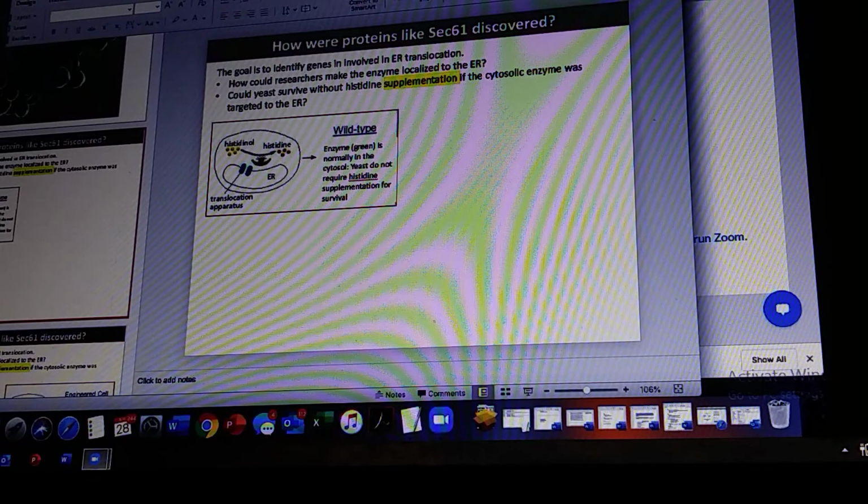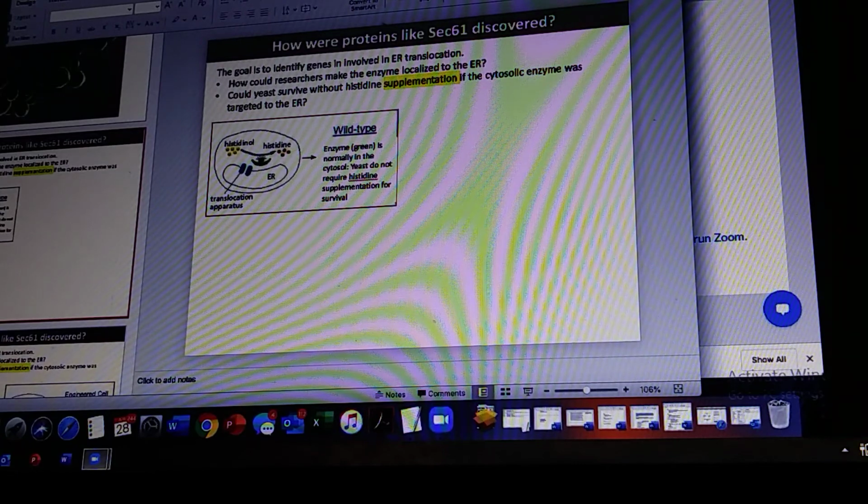So every protein that is in the secretory pathway begins its life by getting transported into the ER. So they wanted to ultimately identify what proteins are involved in that process. And so they needed a way to determine if a protein was required to get into the ER. So they wanted to identify genes involved in that ER translocation.